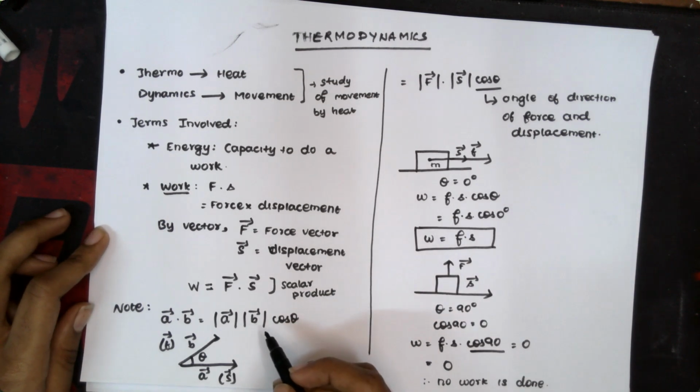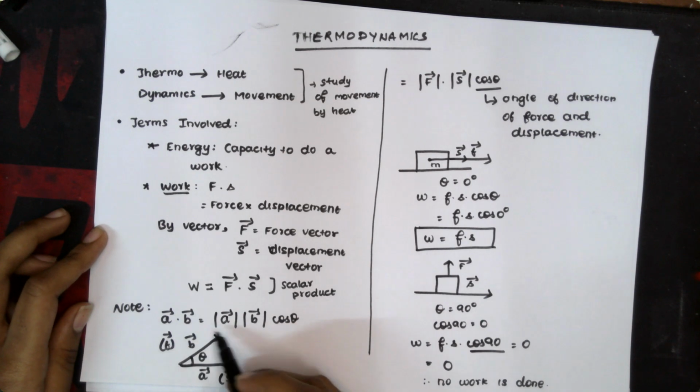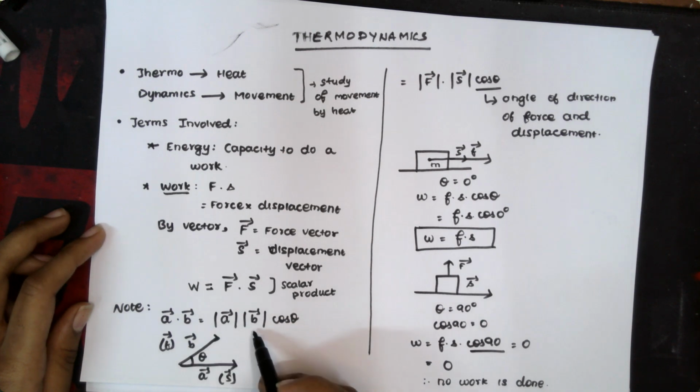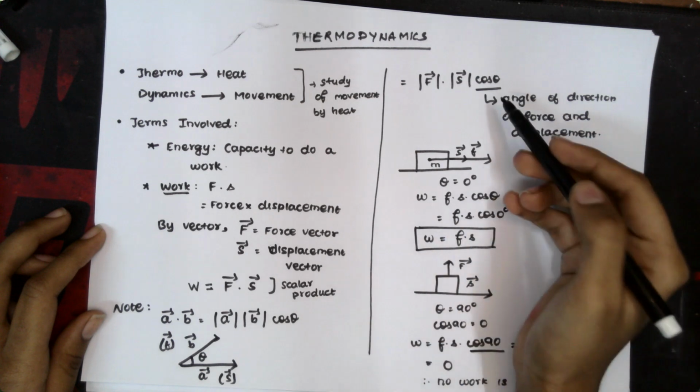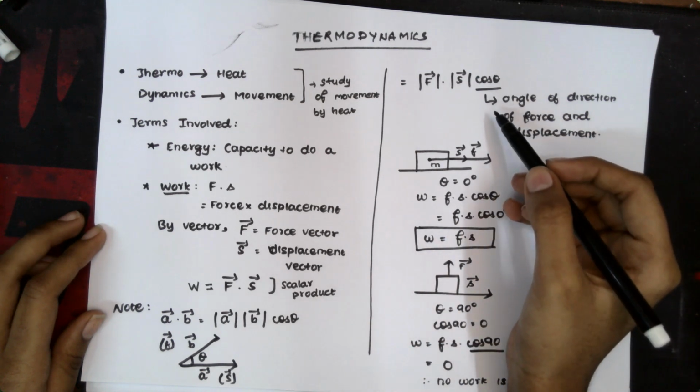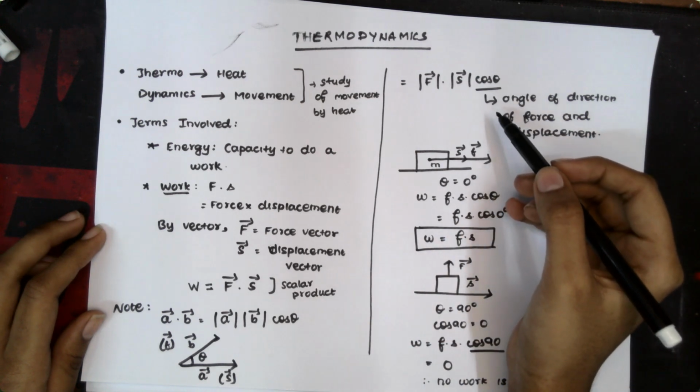When we have two vectors A and B, vector A dot vector B is given by the product of the modulus of vector A and the modulus of vector B and cos of the angle between these two vectors. Theta is the angle subtended by these two vectors, and the modulus represents the magnitude.